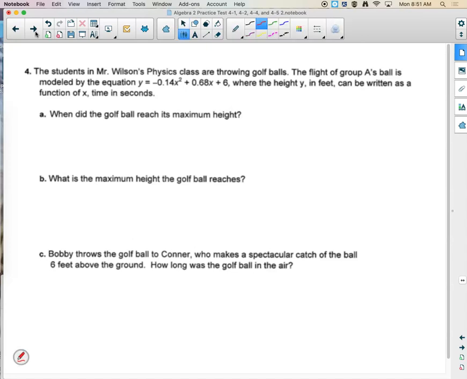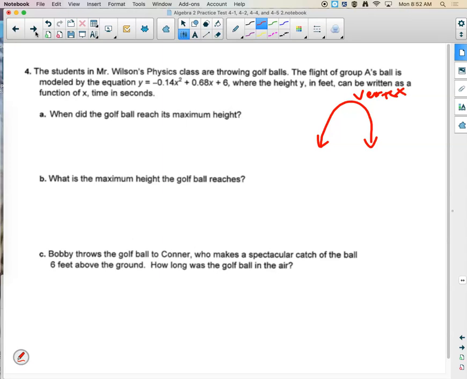First question would be, what does this parabola look like? It's down, isn't it? Well, finding the maximum height is really finding the what? We don't have to use the calculator for this one.